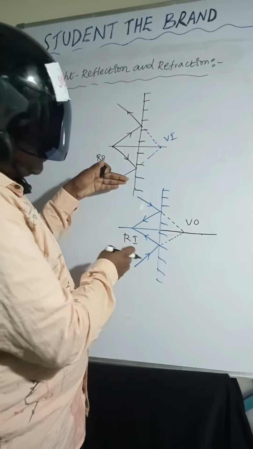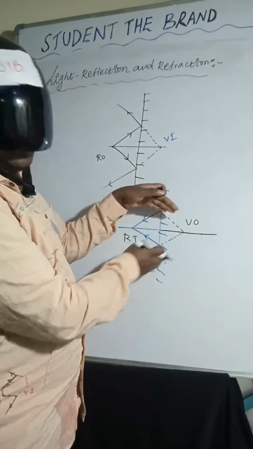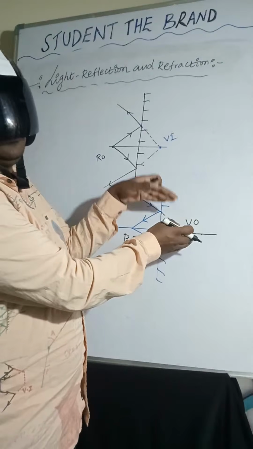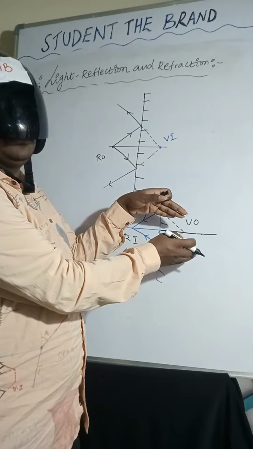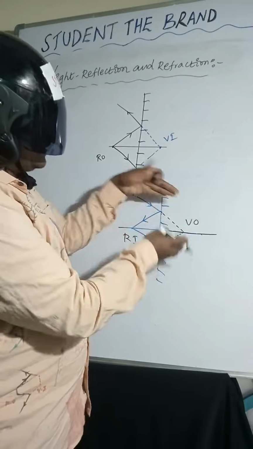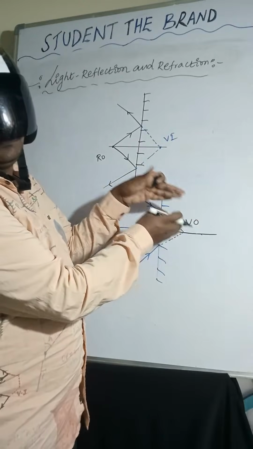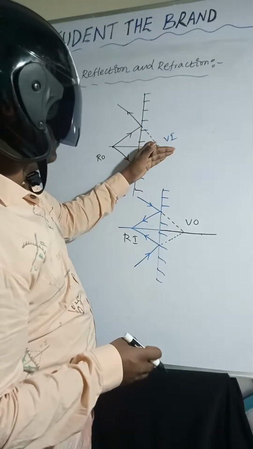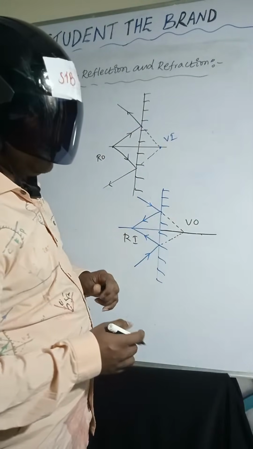That is a real image. If we extend the incident light rays, the extended incident light rays meet at one point, and their virtual object is forming. I hope it is very clear. So, virtual image and virtual object.